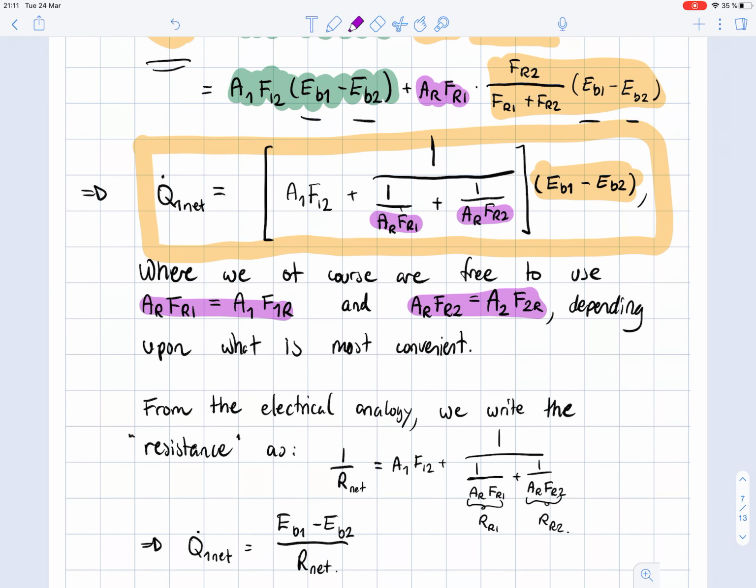So we will also look at this from an electrical analogy corresponding to Ohm's law. So we write this term as an electrical resistance. So introduce resistance as 1 over R net, because it's referring to a net heat transfer rate.